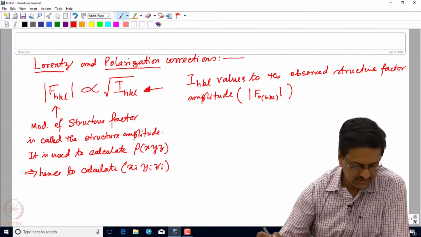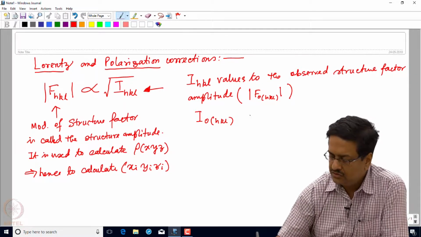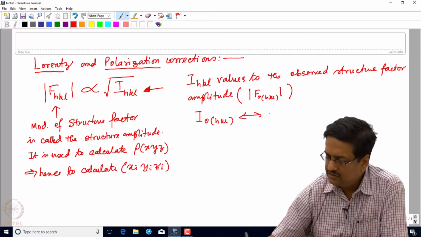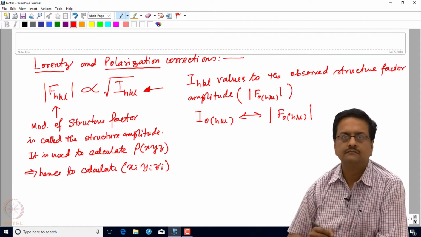What we need is a relationship between I observed for every HKL and the modulus of F observed HKL.